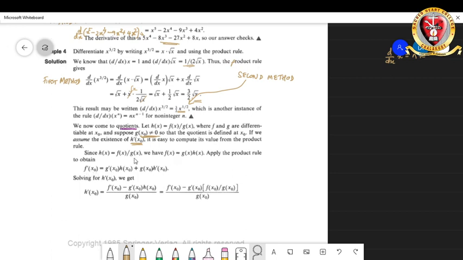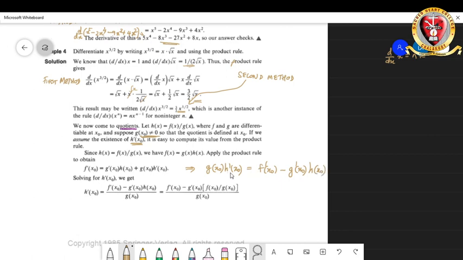Okay, so that means we can find f dash of x naught. F dash of x naught is equal to, using product rule, the derivative of the first function, so that is g dash of x, into the second function plus first function into derivative of the second function. Now solve for h dash of x naught from here. So here you get, this will imply g of x naught into h dash of x naught is equal to f dash of x naught minus g dash of x naught into h of x naught.